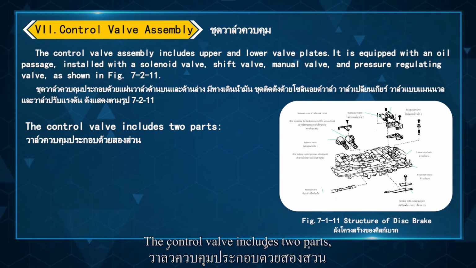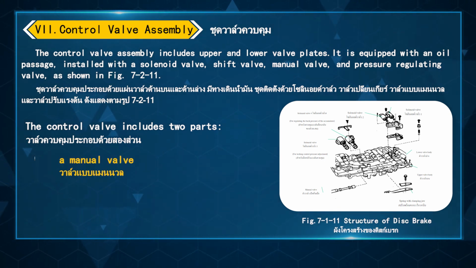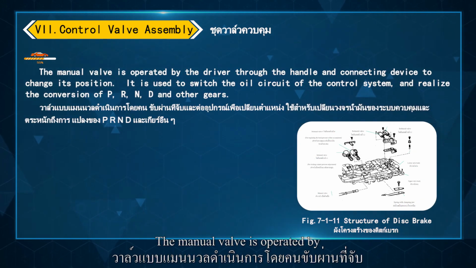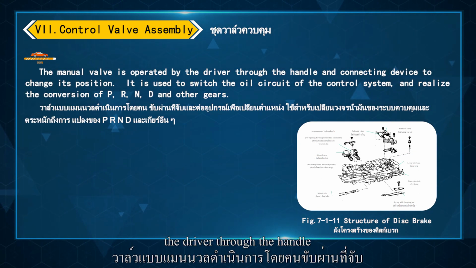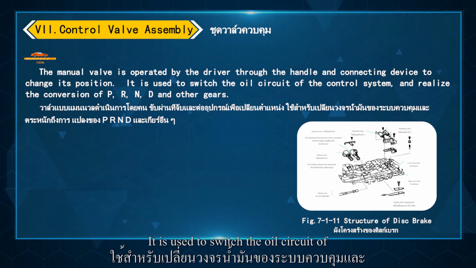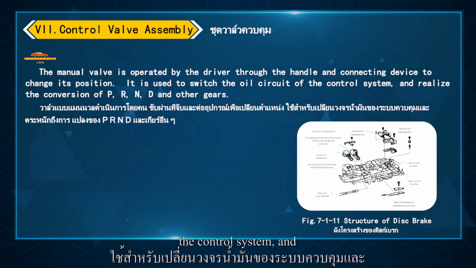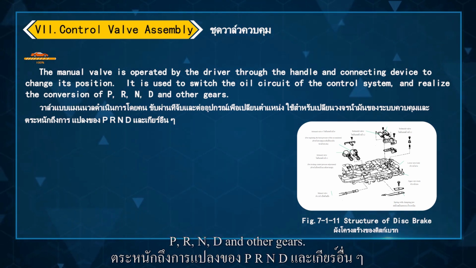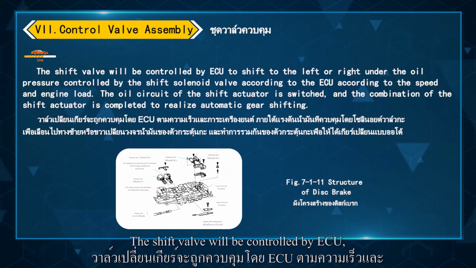The control valve includes 2 parts, a manual valve and a shift valve. The manual valve is operated by the driver through the handle and connecting device to change its position. It is used to switch the oil circuit of the control system and realize the conversion of P, R, and D and other gears.